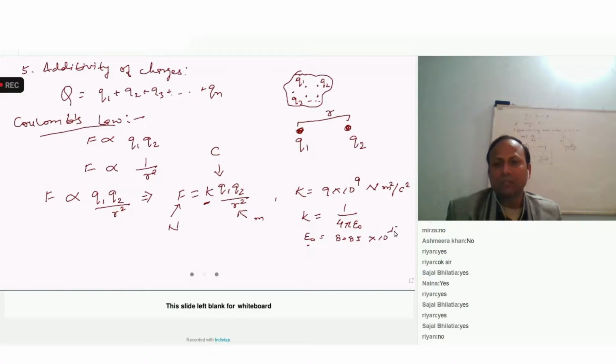Once again, what will its SI unit be? You can find it on your own. Just substitute the SI units of all these physical quantities. You will obtain Coulomb squared per square meter per Newton. Alright. So this was about Coulomb's law.